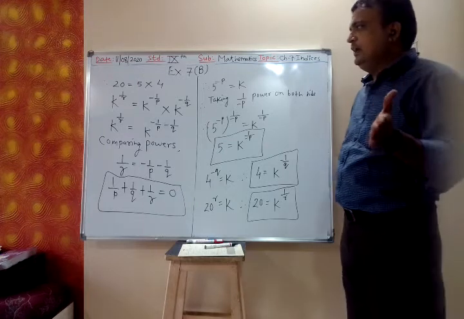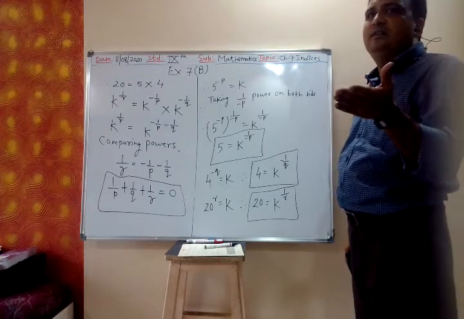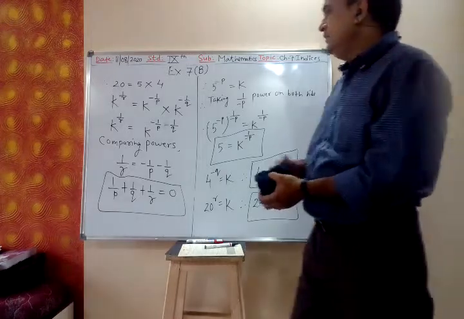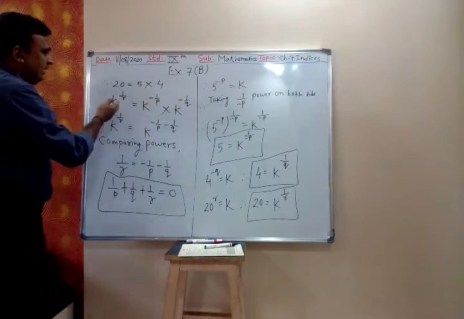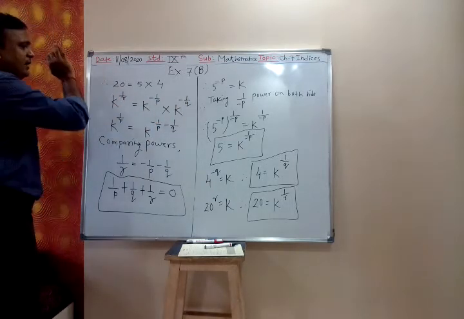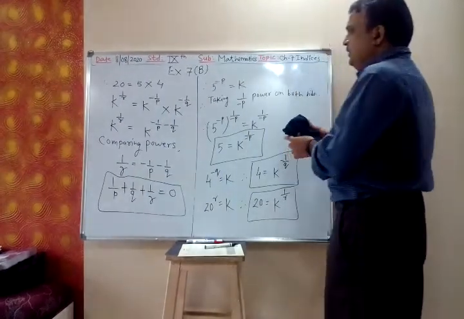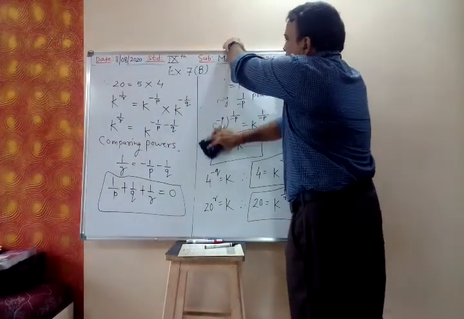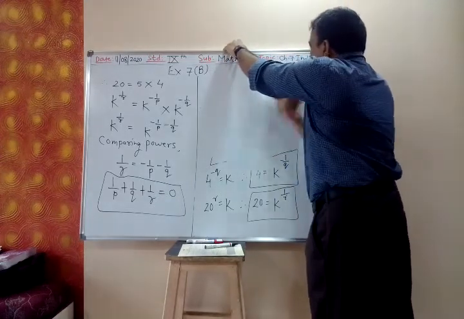See, 20 upon 5, then you have to perform the division. I have multiplication, so I have added the power. If you are taking division, then you have to subtract the power. Same answer you will get. If you are taking division 20 upon 5, then you have to subtract the power.